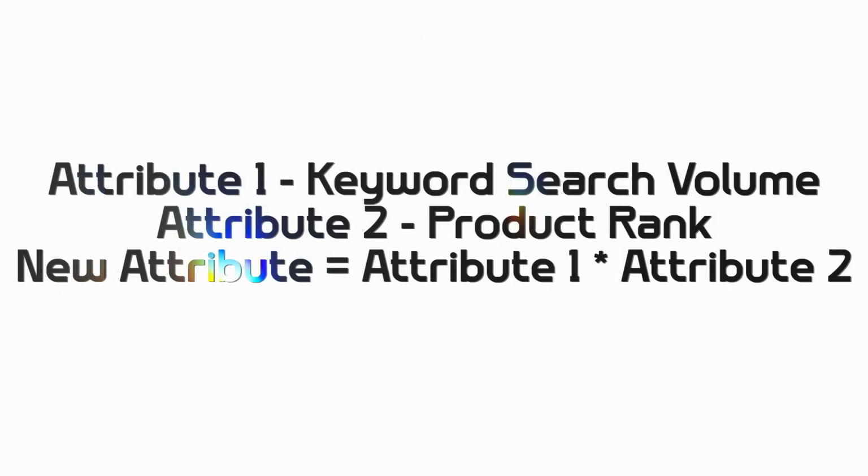For example, let's say you are talking about keywords and products ranking based on those keywords, and you have 2 attributes available: the search volume and the rank of the product for that particular keyword. You can combine the search volume and the rank of the product in the keywords and create a score out of it, and then use that score to identify which products are better.